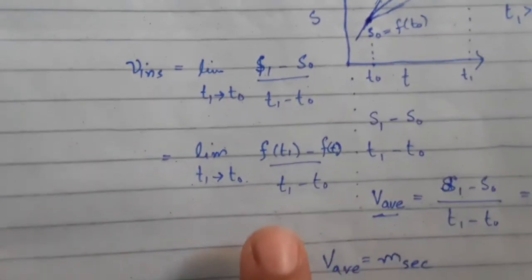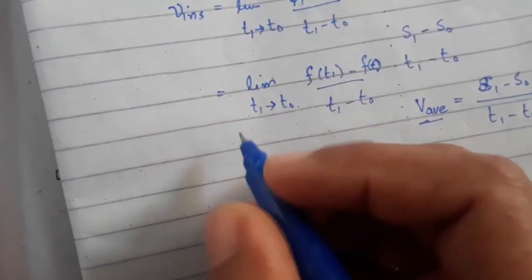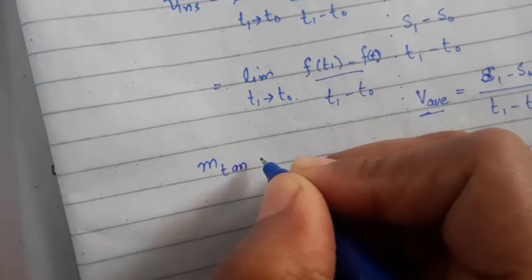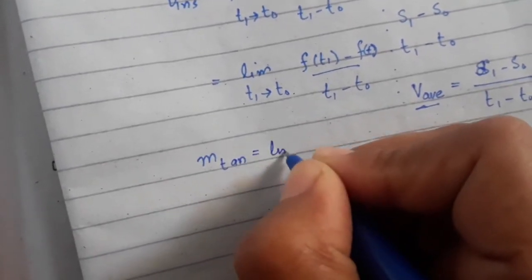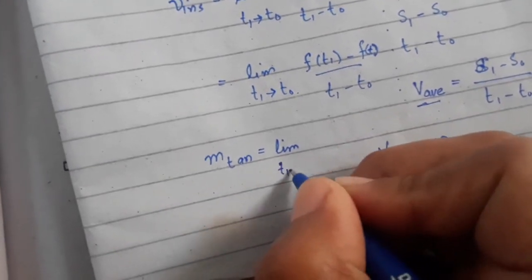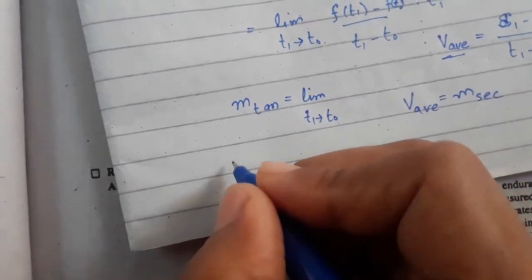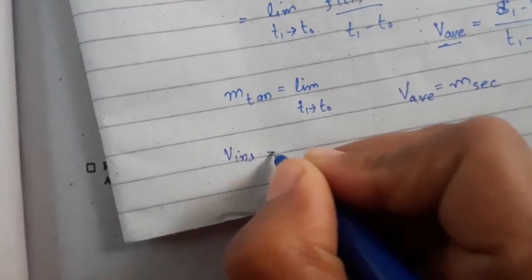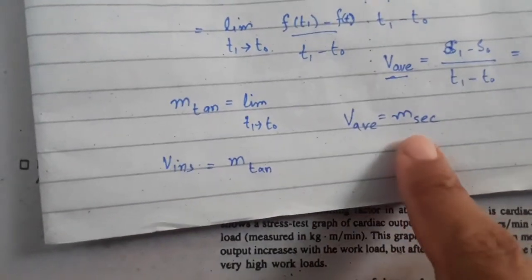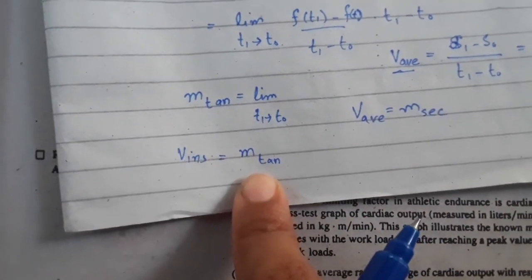So instantaneous velocity is equal to the slope of the tangent line, which we already found, and that was equal to the limit as t1 approaches t0, and the same thing again. So we can say that V instantaneous is equal to the slope of the tangent line. It's like we said, V average was equal to the slope of the secant line, so instantaneous is equal to the slope of the tangent line.